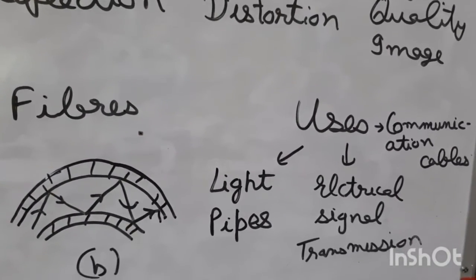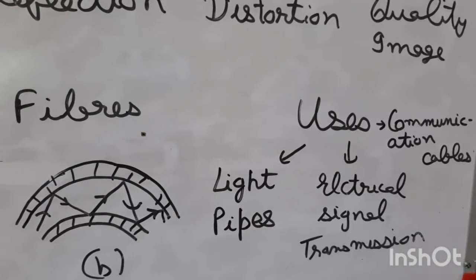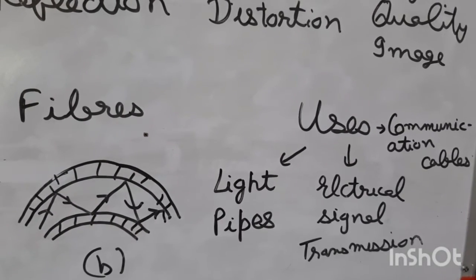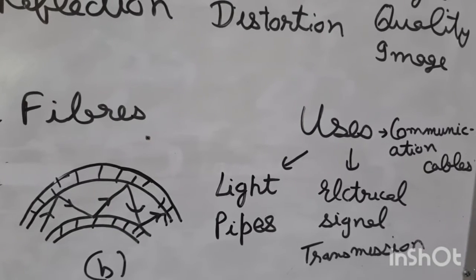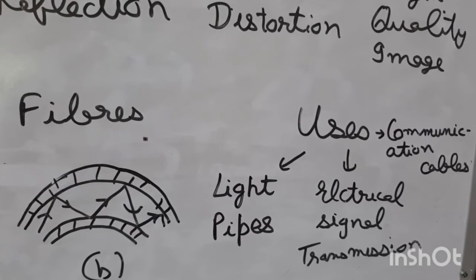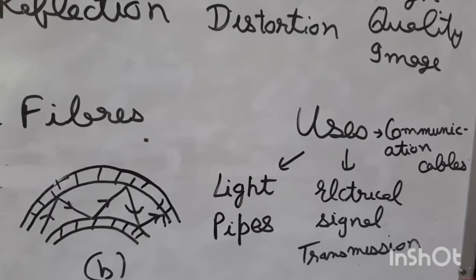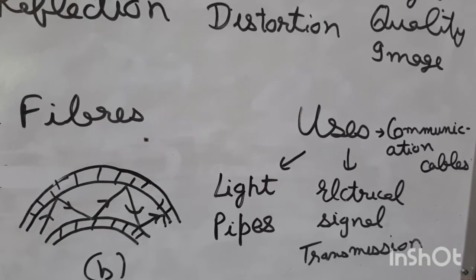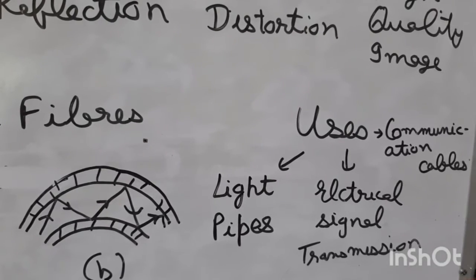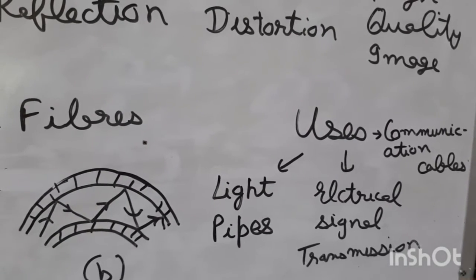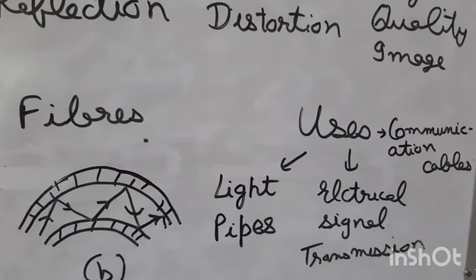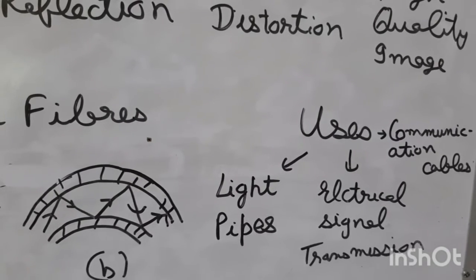Next, they are used for transmitting and receiving electrical signals by converting them into light by suitable devices. Means the electrical signals are first converted by suitable devices into light signals, and then they are transmitted through the optical fibers.